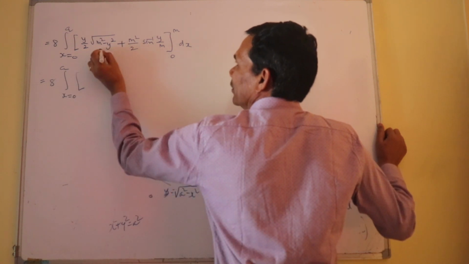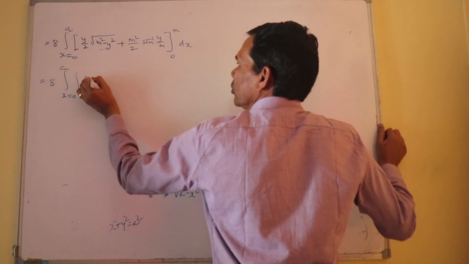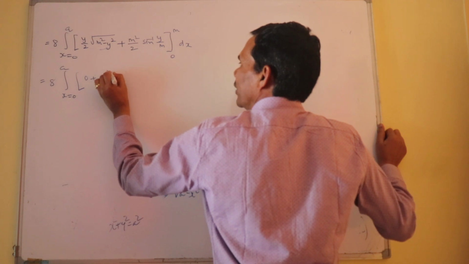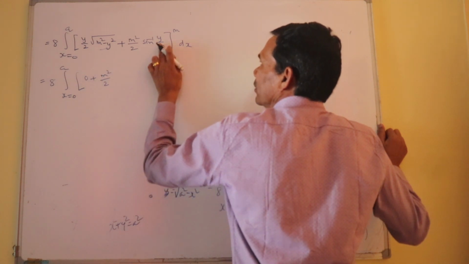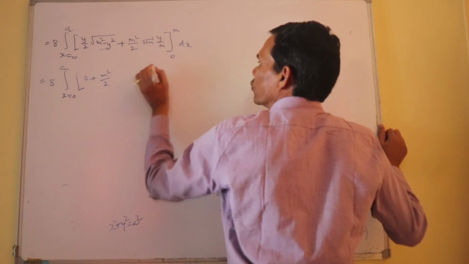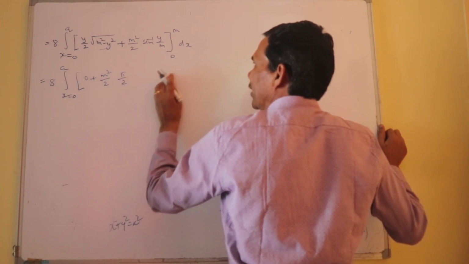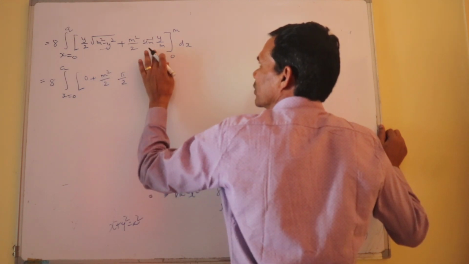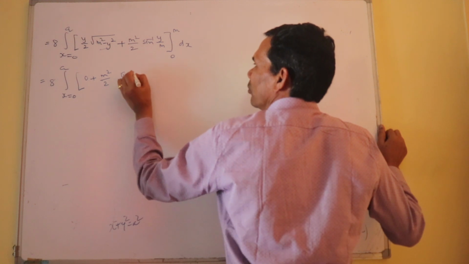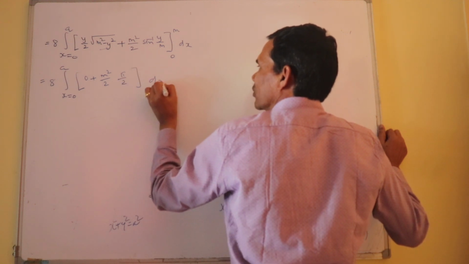If you apply this, the first term is 0, so it is 0 plus m square divided by 2 times sine inverse 1, and sine inverse 1 is pi by 2. For the lower limit, its value is 0, since y is equal to 0 and sine inverse 0 is 0, into dx.